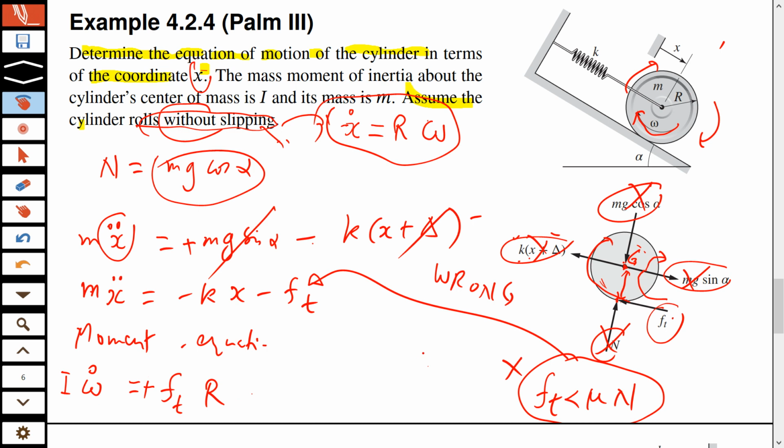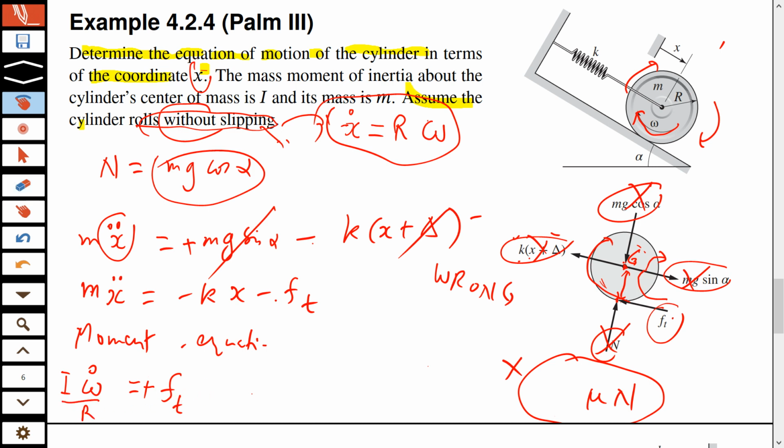We have this equation with minus ft, and we have this equation with plus ft. If we get rid of this r, if we divide both sides by r, I will have I omega dot by r.